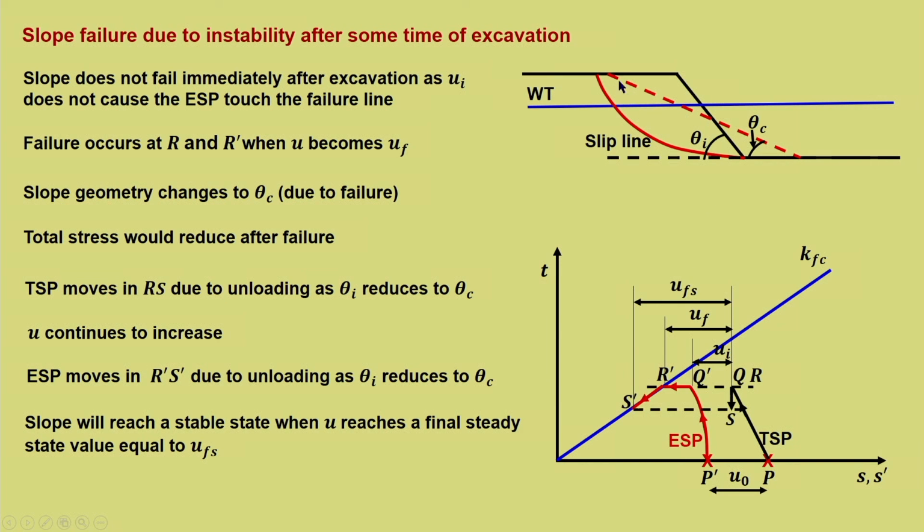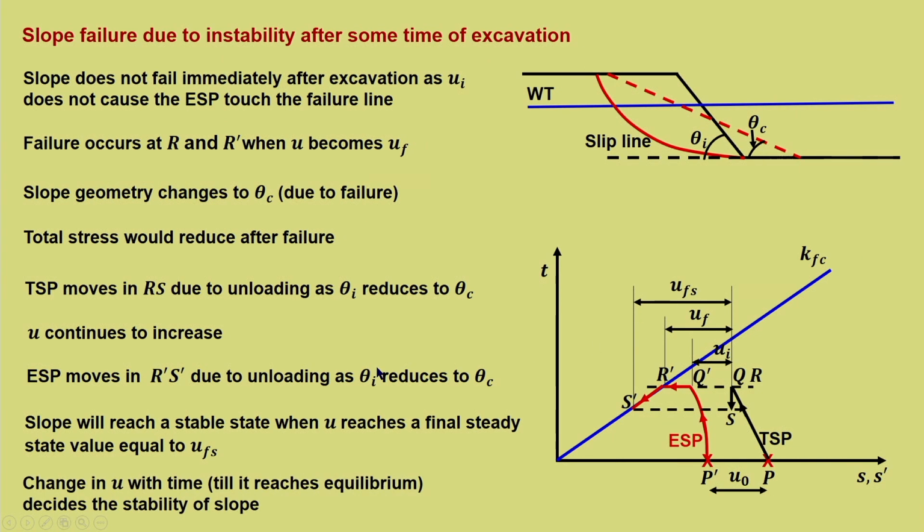At this point on R dash S dash, the slope will be stable corresponding to theta C, and U_FS is the final equilibrium pore water pressure. Change in U with time till it reaches equilibrium decides the stability of the slope under excavation. So, two cases we have discussed. One is where it fails immediately after construction, and the other where it fails after some time.